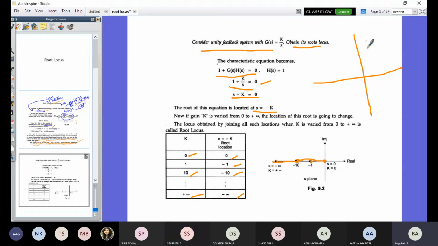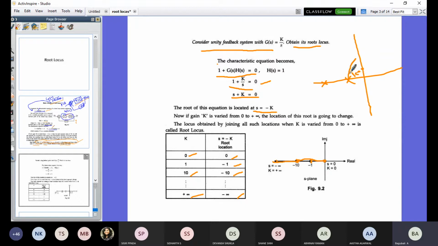Excellent. The same thing you can see: suppose some poles are located on the real axis. When k is equal to 0, they are located on the real axis.